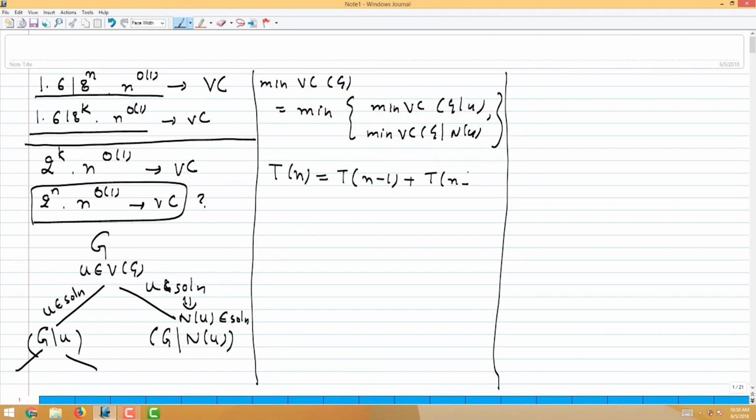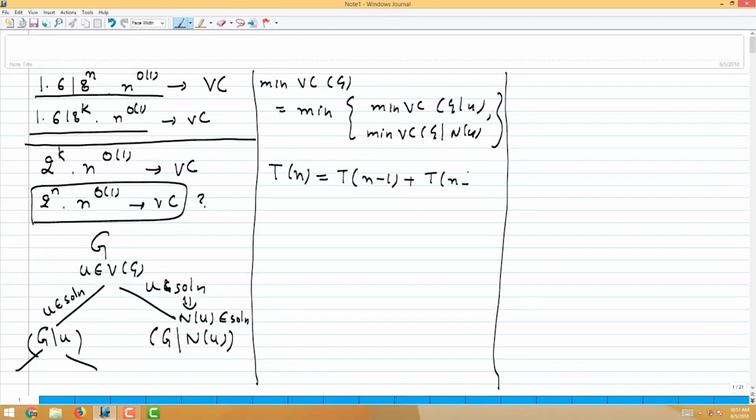But first of all, you have to tell me, what does T(n) represent? This is the recurrence that we wrote. Normally we say that, in this case, T(n) is the time taken to compute the vertex cover on an n vertex graph. So even before writing this recurrence, we should first tell what T(n) denotes.